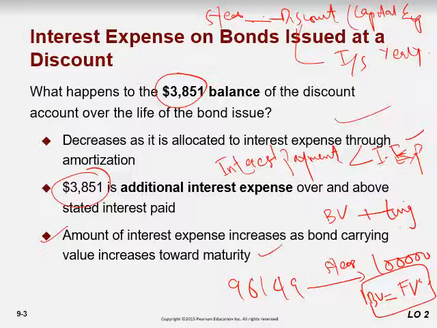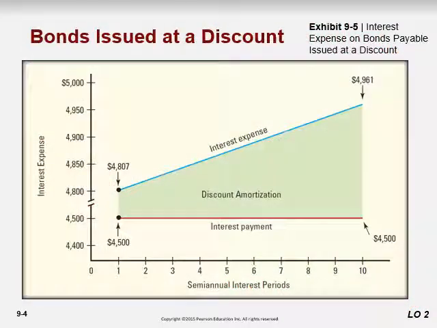That is obvious. Okay, so this is just a graphical representation, right? So you issued the bond at discount, so at the end you pay back the exact 100,000 at the end of the period.